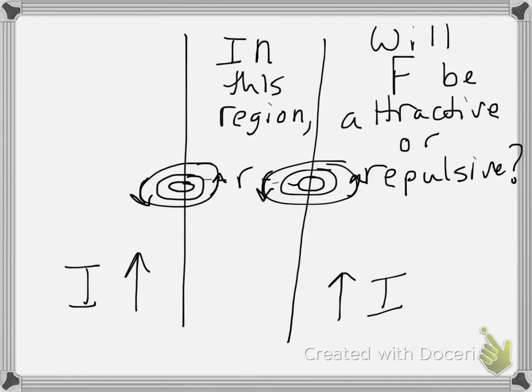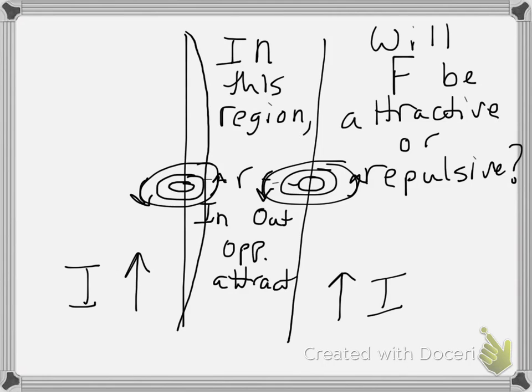So here we have a direction out of the screen, and here we have a direction into the screen, and opposites attract. So in this case, the wires will be attractive. The wires will actually bend inward just a little bit toward each other, and you can actually see this deflection in the lab.